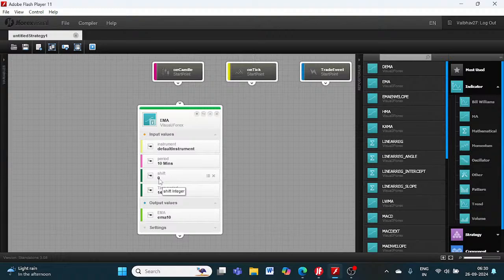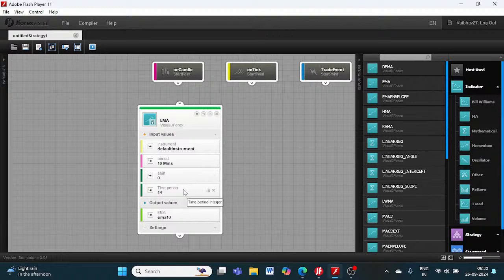Shift, you can see this input value and define it for the price data's availability. If you want to incorporate the current candle's price data, then you have to keep the shift at 0. But if you want to take it back in time, like the last candle period, then a shift of 1 or for that matter more will be needed, and it will push the price action data that many candle periods back in time.